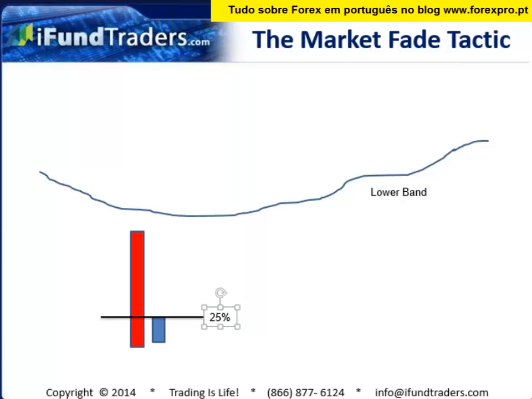We call this the outside bar because it's outside the band. So we need a 25% retracement, okay?